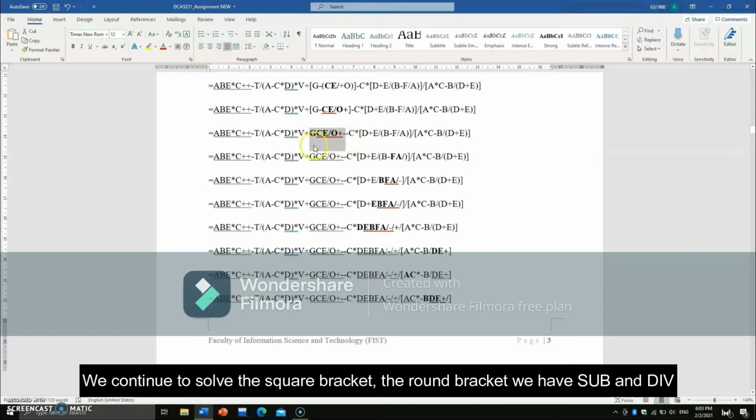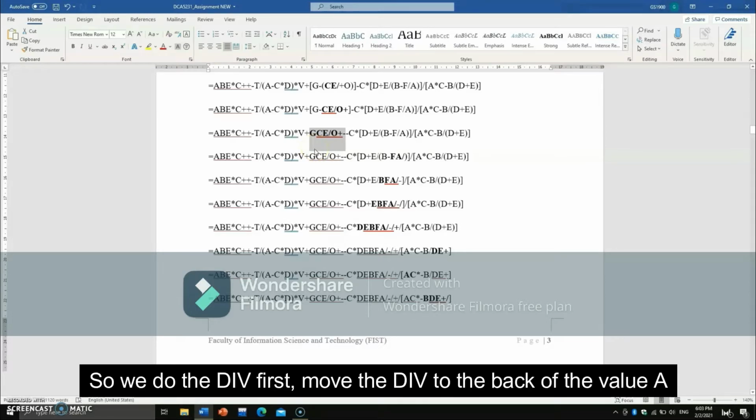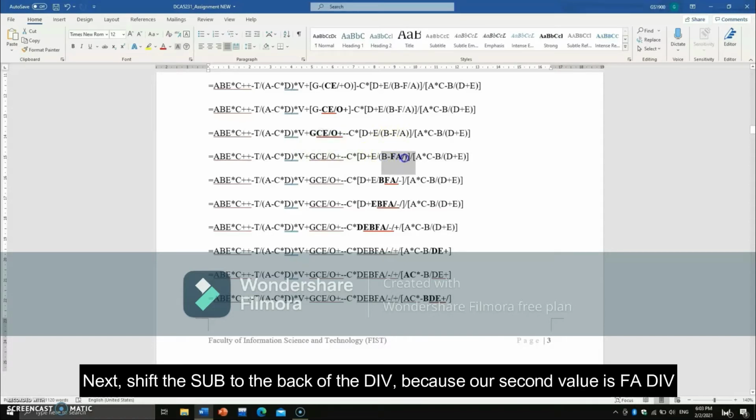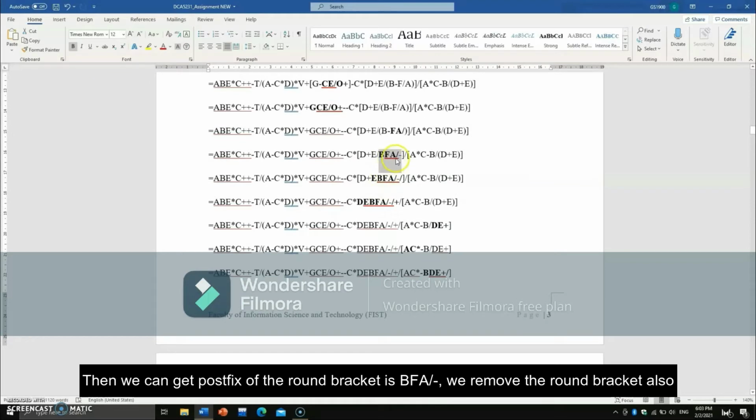We continue to solve the square bracket. In the round bracket we have subtract and divide. So we do the divide first. Then move the divide to the back of the value A. Next, shift the subtract to the back of the divide, because our second value is FA divide. Then we get the postfix of the round bracket, which is BFA divide subtract.